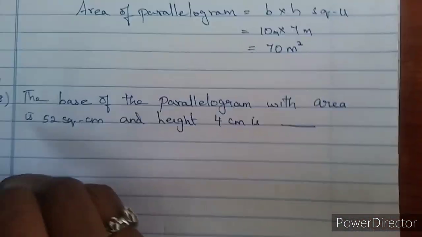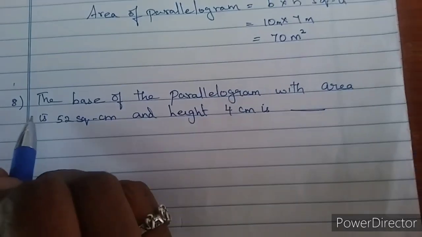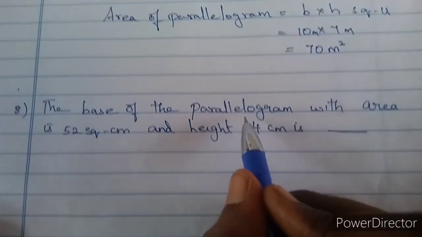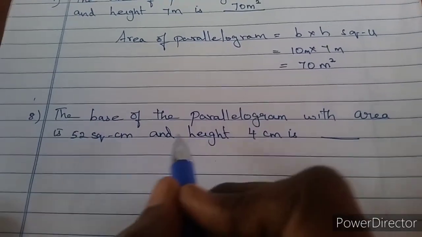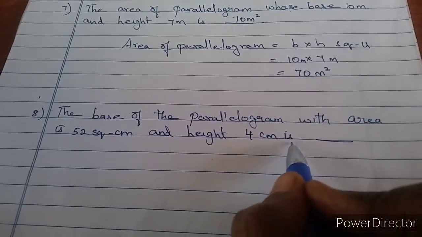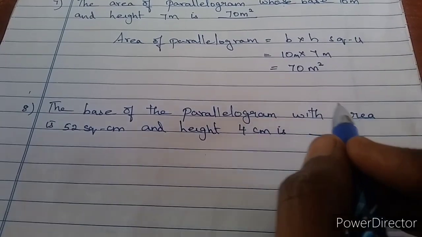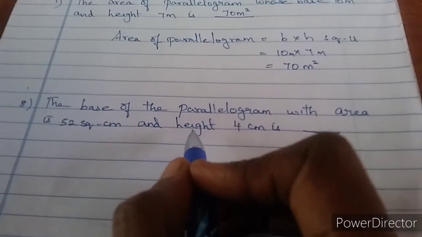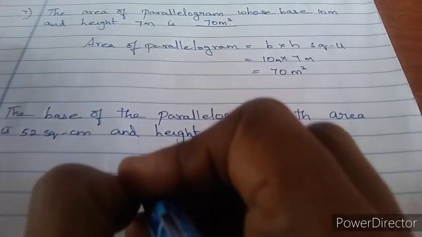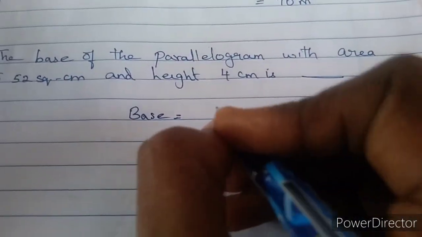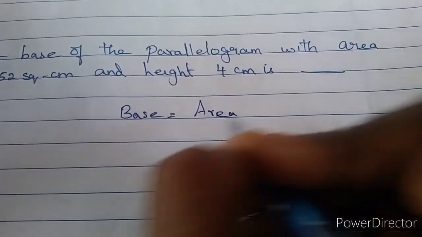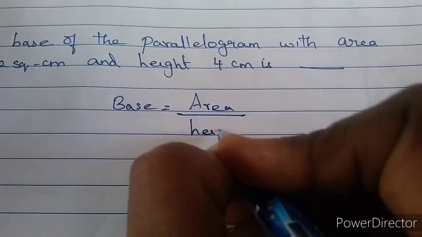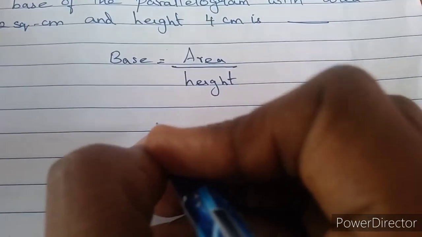Next one, question number 8. The base of the parallelogram with the area 52 square centimeter and the height 4 centimeter. Here the given is area and the height. You are going to find the base of the parallelogram. What is the formula, children, to find the base when the area and height is given? So base equal to area divided by height.